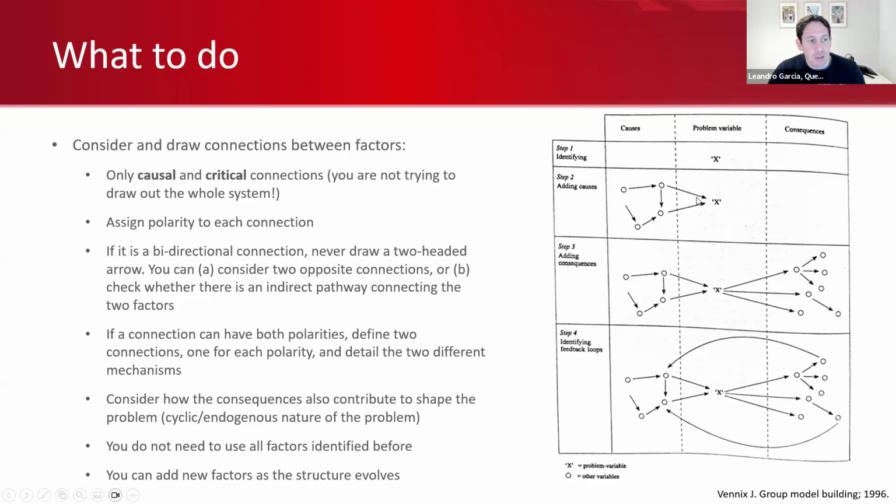Then we can start discussing what the possible causes are and the relationships between causes, adding the consequences from your levels of cycling, to then draw in the last stage these feedback loops between consequences contributing to what at the beginning were contributing factors. So in this case, explaining the endogenous or cyclic nature of your problem.